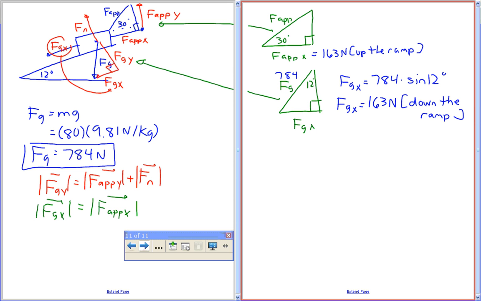Usually use sine of... Saying it backwards, it's going to be cos, I think, right? That's what Jason says? Yeah, cos. So we're going to say, I'll just do it slowly here, cos of 30 equals 163 over F applied. So F applied equals 163 over cos 30. Sound good to you guys?